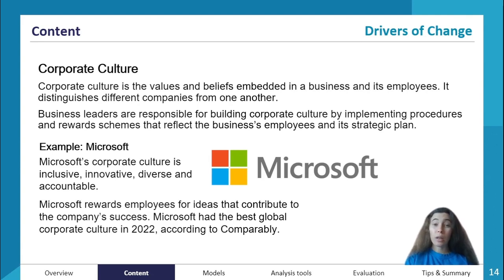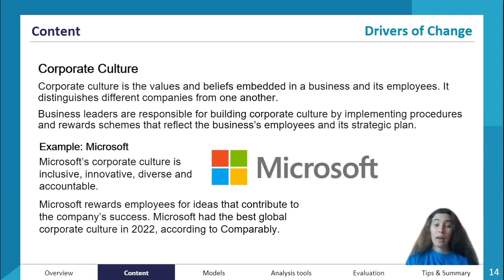So an example is Microsoft. You've got lots of those big tech companies that you may have heard of having lots of really amazing cultures in terms of the reward schemes that are available and things like that. So Microsoft is one example.